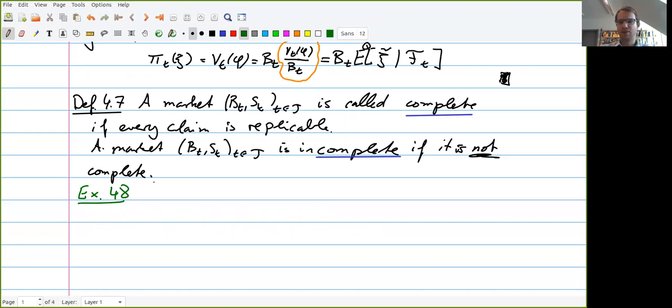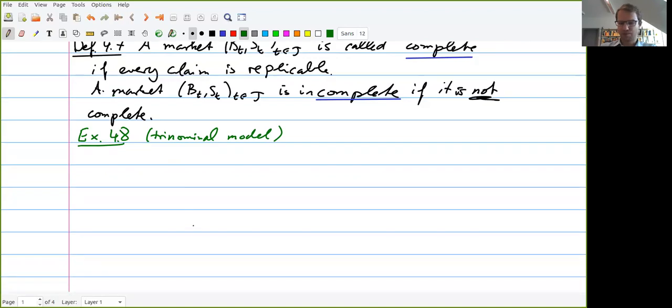And one example of an often incomplete market is a trinomial model. Right. So what is a trinomial model? You won't be surprised. Let's consider it in one step. So you have time 0 and time 1.